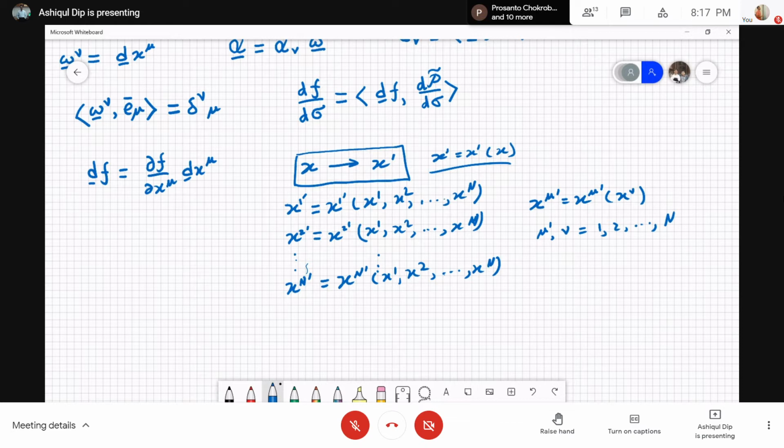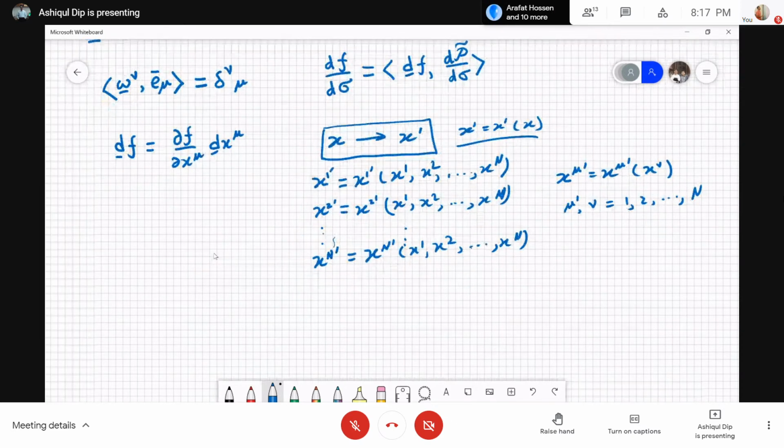It could be written like that as well. Is that clear to everyone? Okay, so what happens to the one form objects like this type of object?